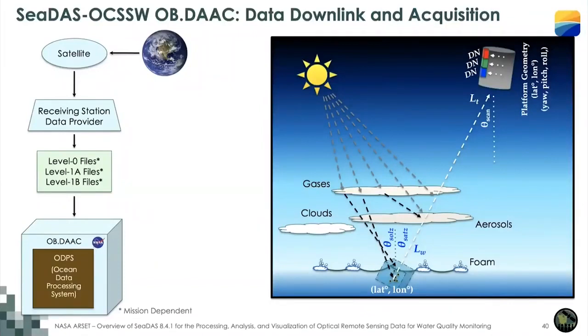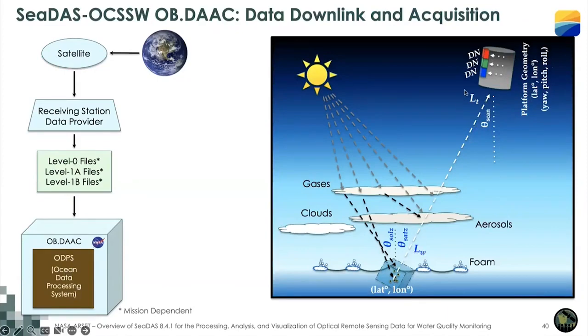And for this processing that's done, we saw earlier how the satellite measures the data, and the data files come into OBDAAC. What the satellite measurement looks like up top is, it's got a lot in this diagram, but you get digital numbers out as the radiance comes.